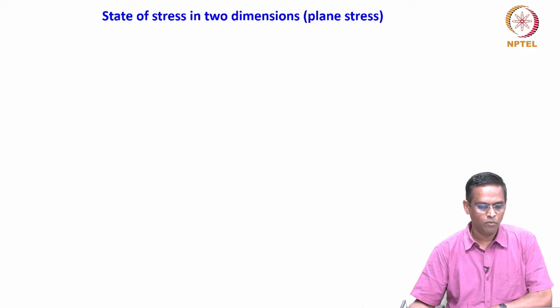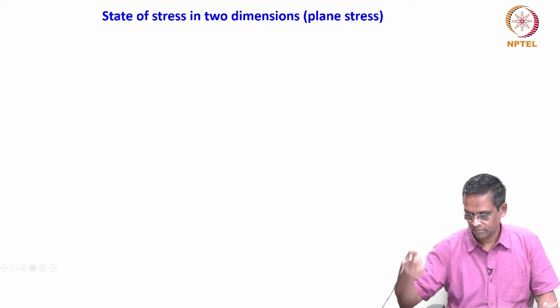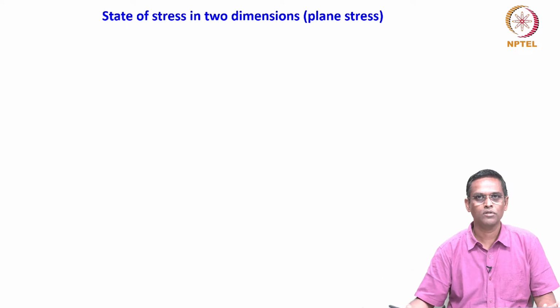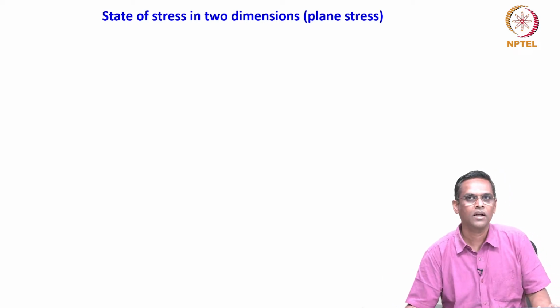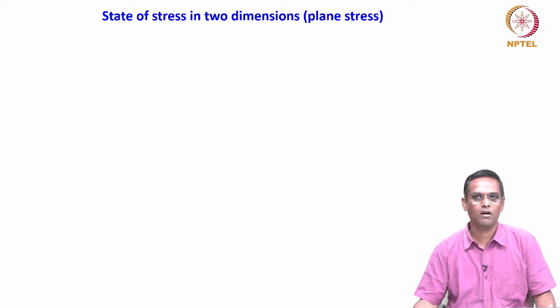So what we are now going to do is, we are interested in finding out a stress at a point. We are going to describe it in 3 dimensions. But before we go into 3 dimensions, we will first look at them in 2 dimensions, or a plane stress.